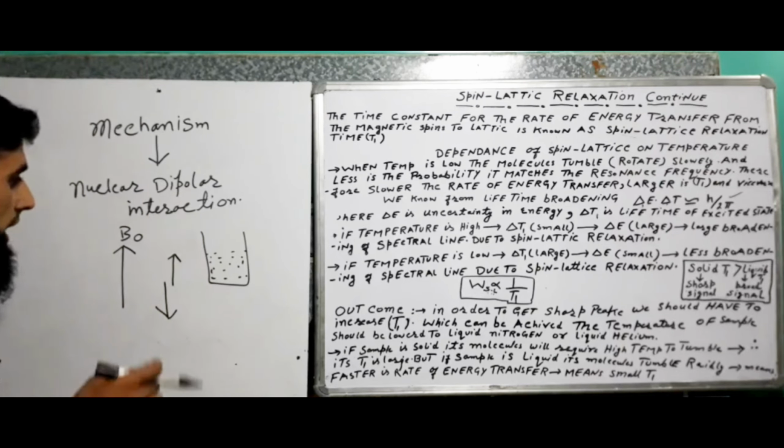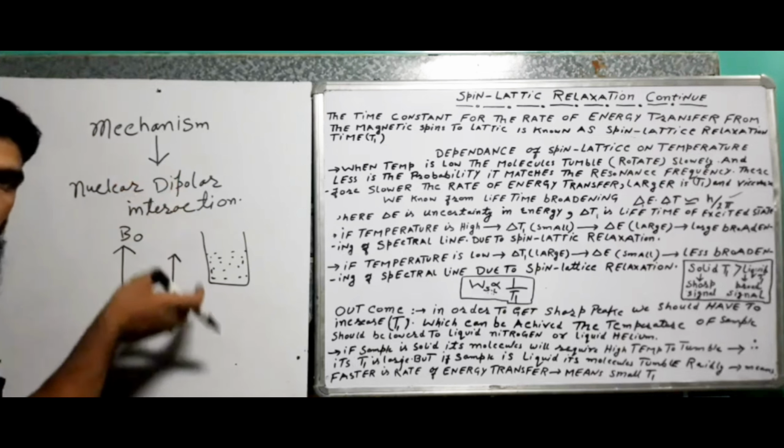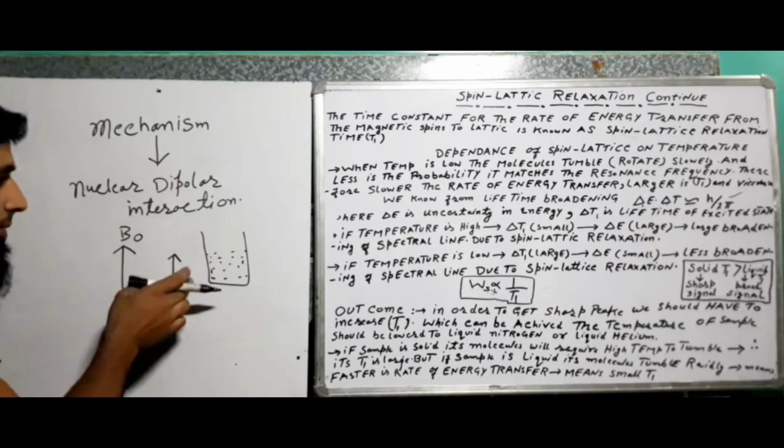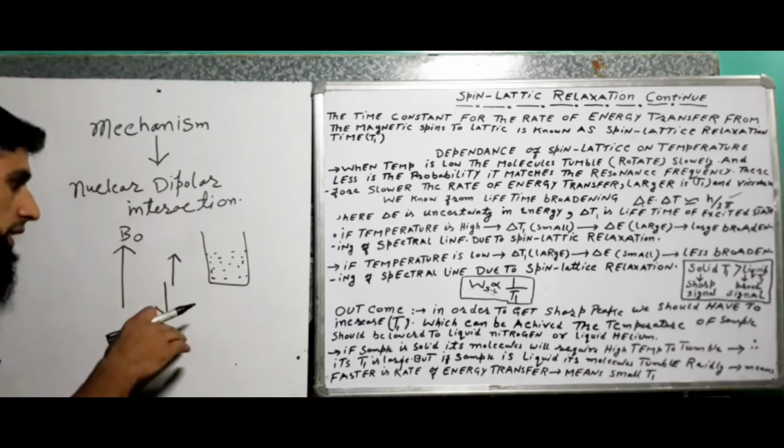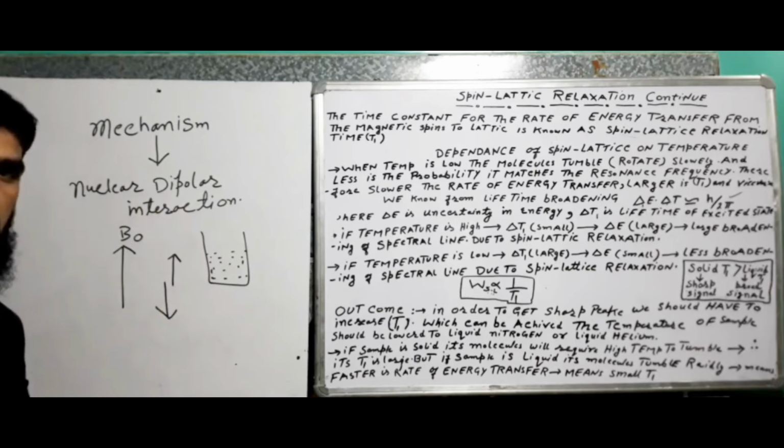So sometimes the field increases, sometimes it decreases, and this gives rise to a fluctuating magnetic field.